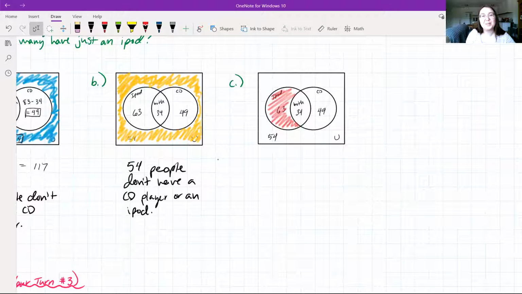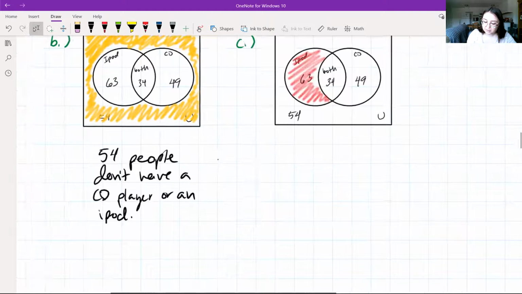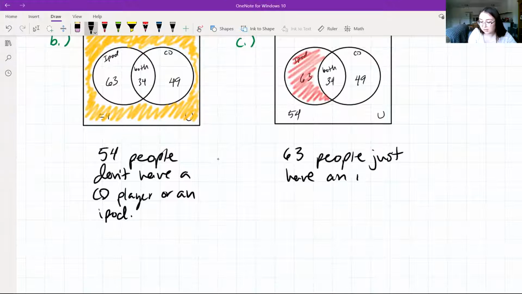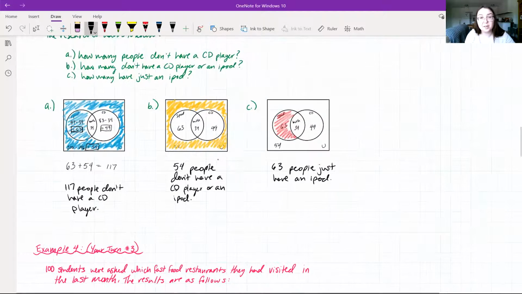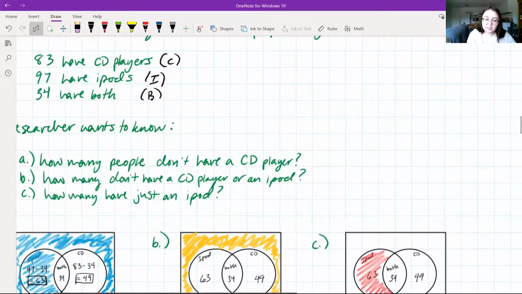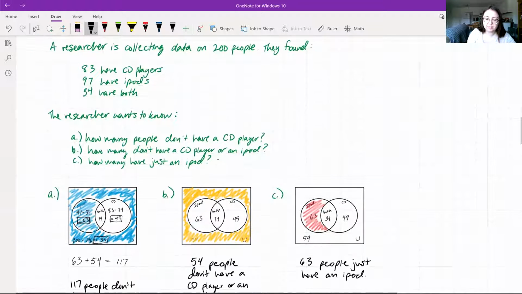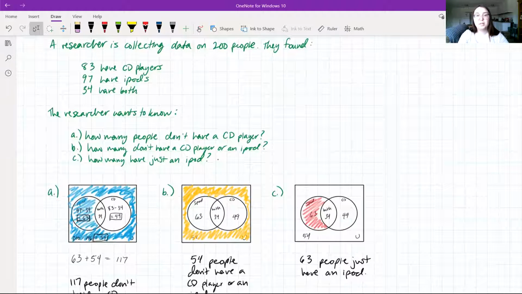And since we already know the value of this region, we know the answer. We can say 63 people just have an iPod. And there you go. So we actually didn't even need to label our sets here like we did earlier. But this is just another way that we can use our Venn diagrams for our real life applications.